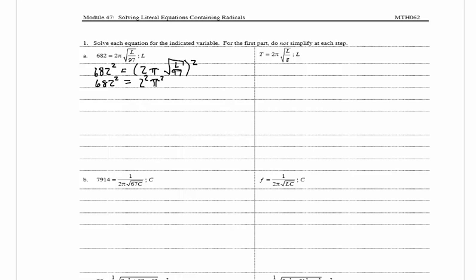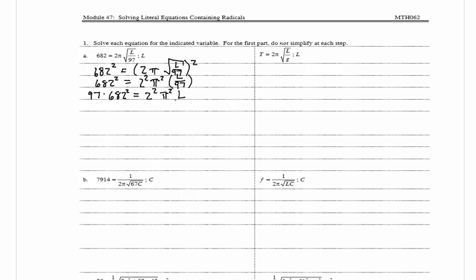And the square root of L divided by 97 squared is equal to L divided by 97. And now I'm going to multiply both sides by 97. So I have 97 times 682 squared is equal to 2 squared pi squared times L.